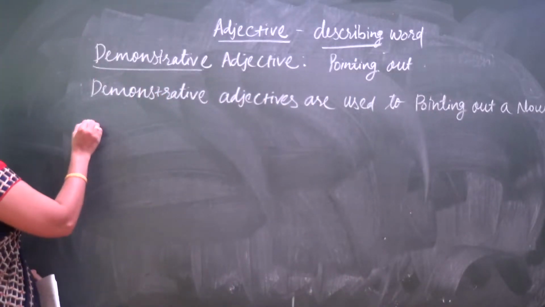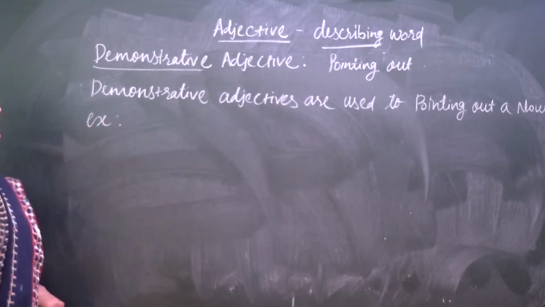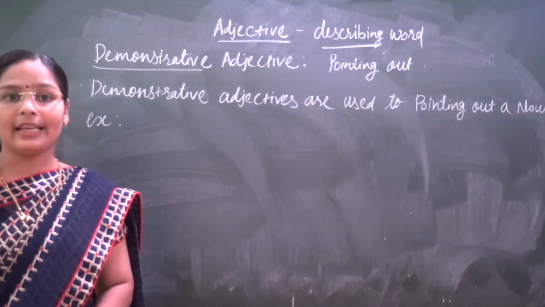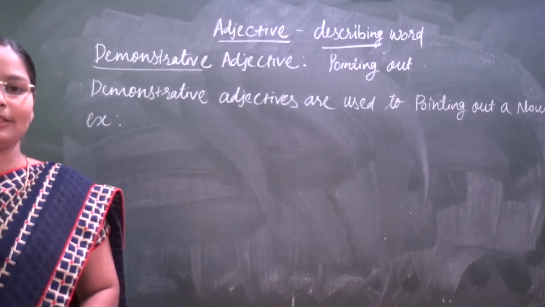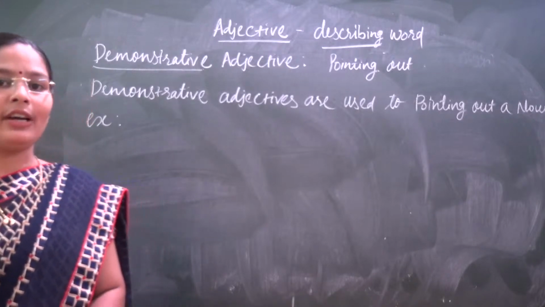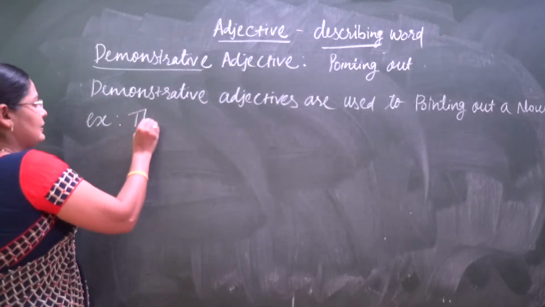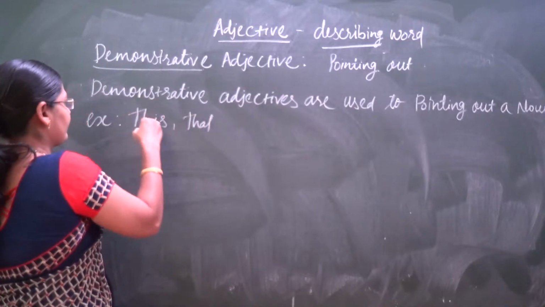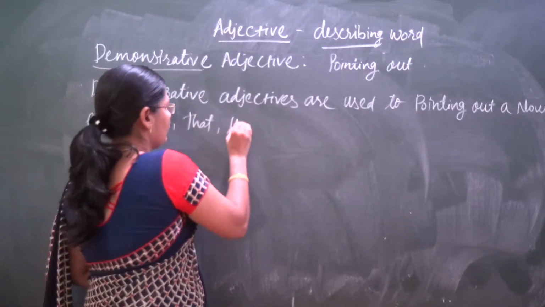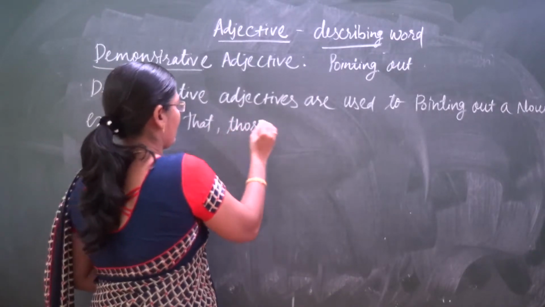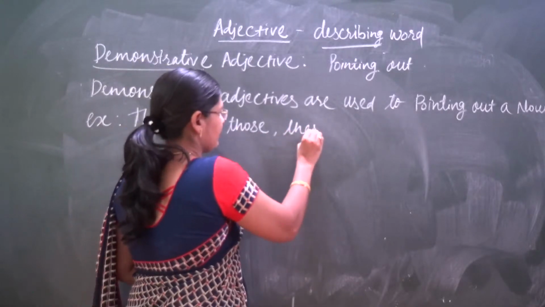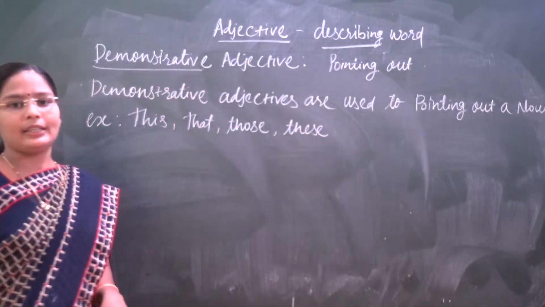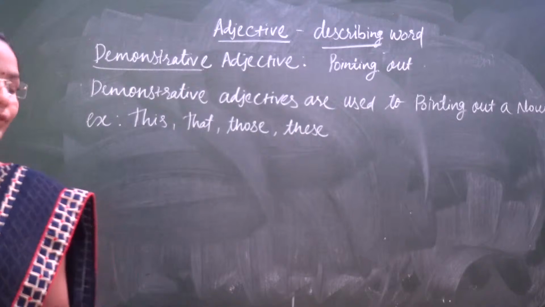Then, which are the demonstrative adjectives? This, that, these, and those. These four are the demonstrative adjectives.